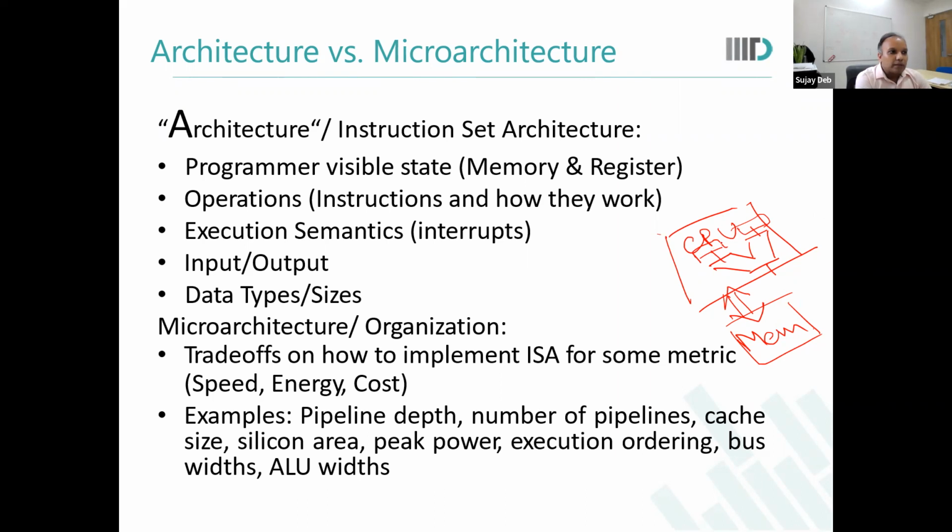To address this issue, what has been observed is that you can create a register file inside or very close to the CPU, basically in the vicinity of the CPU.